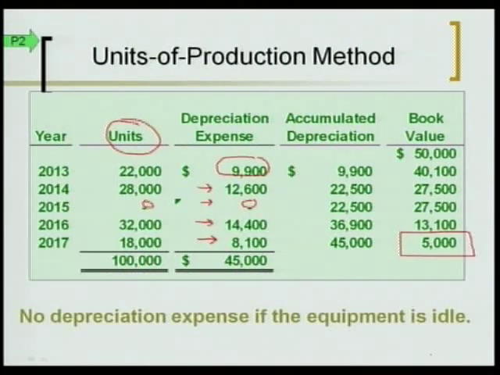Now, can you think of any examples where it might make sense to use the unit of production method? One example where they might use it is, let's say the truck you buy will last a total of, we think it'll last a total of 150,000 miles.